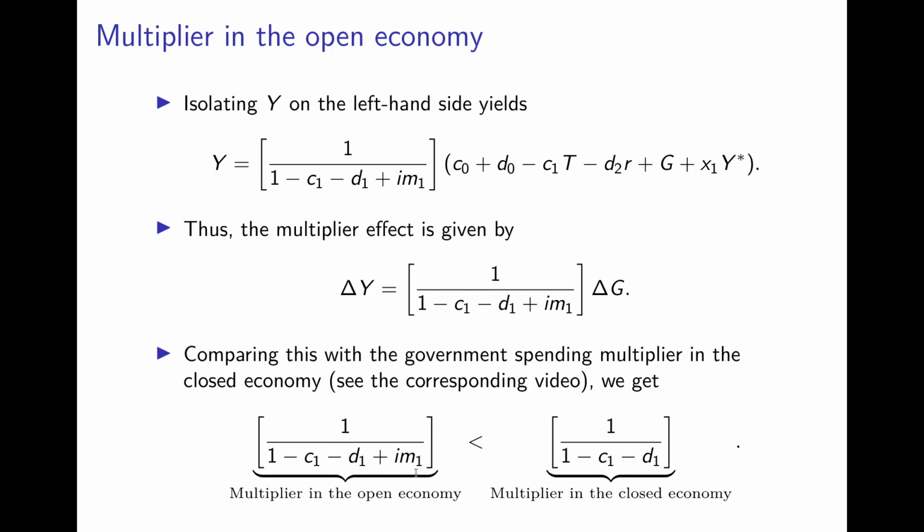And the intuitive reason for that is exactly what I said before. If there is governmental fiscal stimulus, then a part of this income is spent on goods that are produced abroad, and on this part that flows out of the home economy, there is no additional multiplier effect anymore. So the multiplier effect in an open economy is smaller than the multiplier effect in the closed economy.